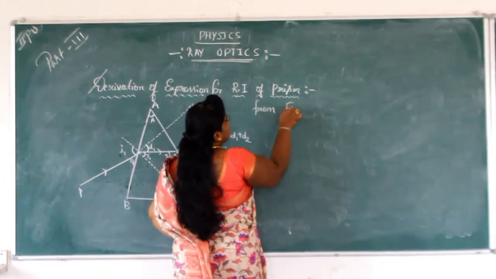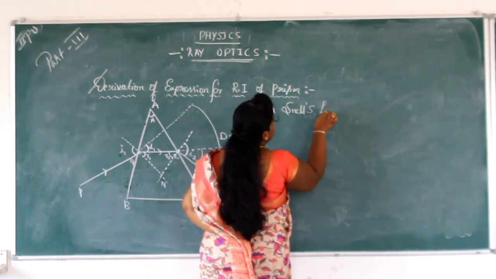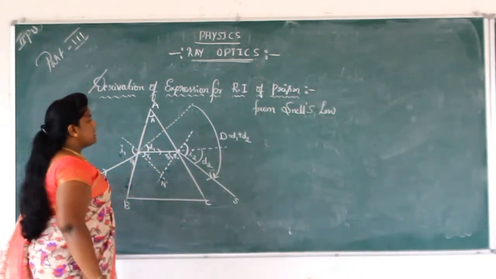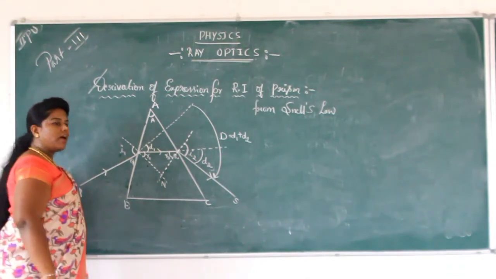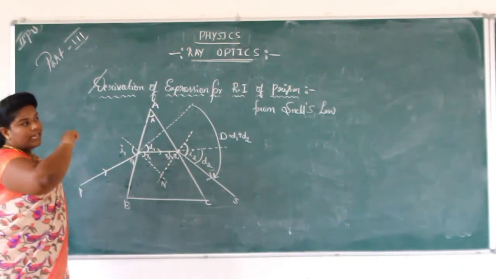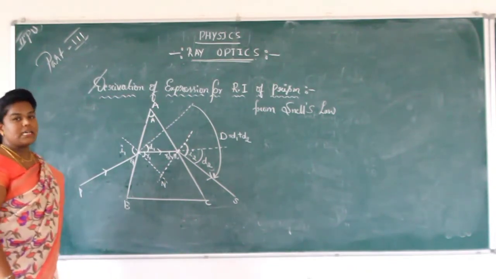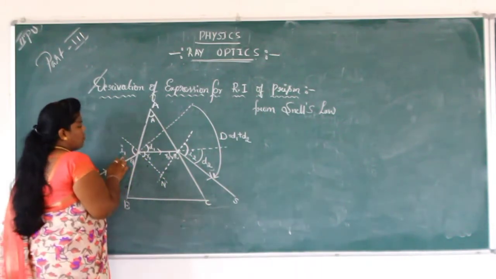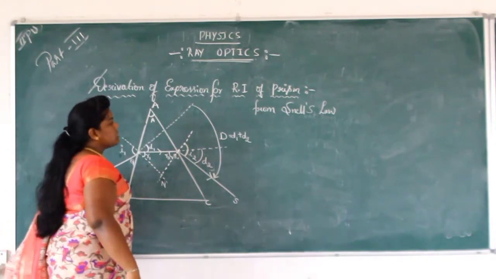Now let us consider Snell's law. What exactly does Snell's law state? Snell's law states that the ratio of the sine of the angle of incidence to the sine of the angle of refraction is always equal to a constant called the refractive index. So I am applying Snell's law for the first refracting surface, AB.